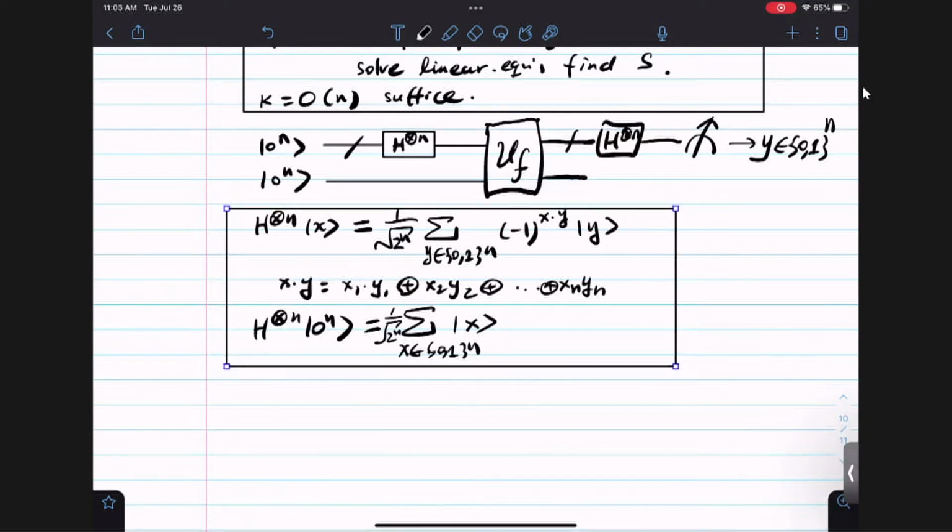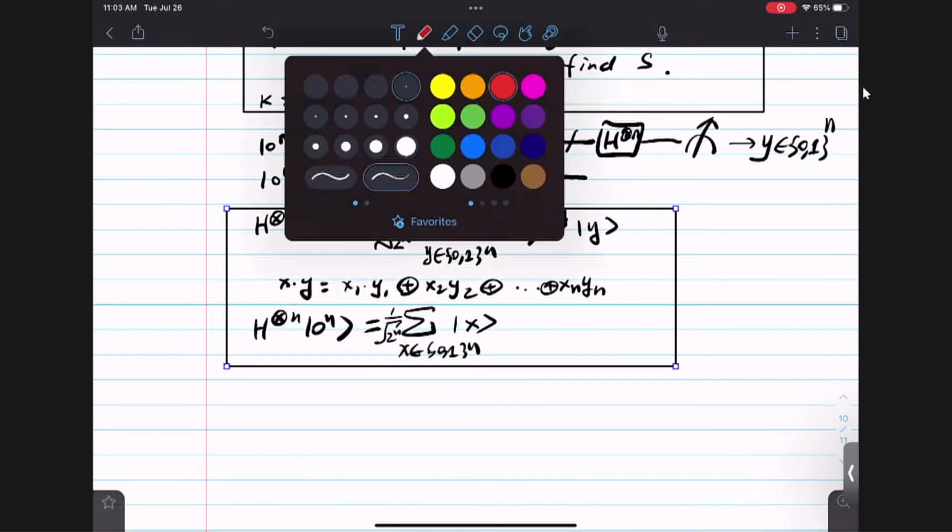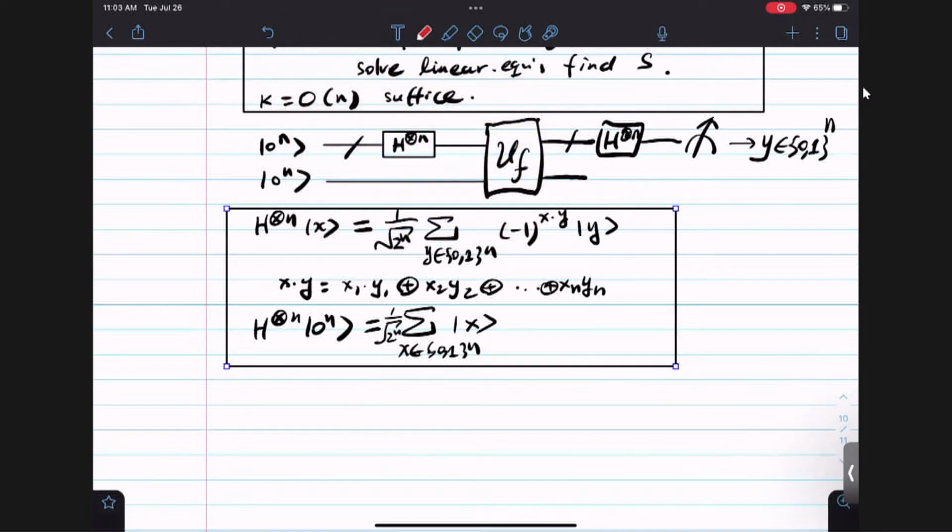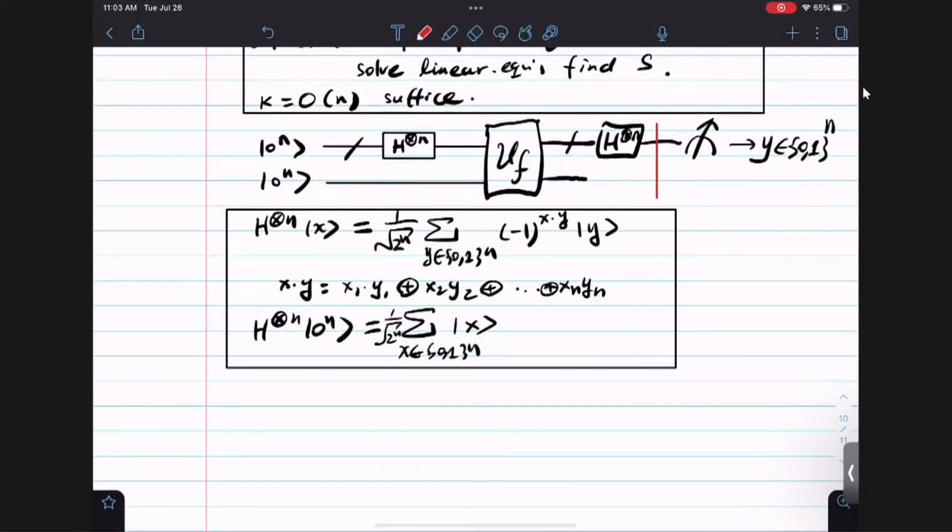So now we look at this sampling subroutine. Just as before, we can follow the circuit and figure out the states at each stage of this circuit. I'm going to skip this calculation for the first few steps, but just directly tell you what the state will be at this point.